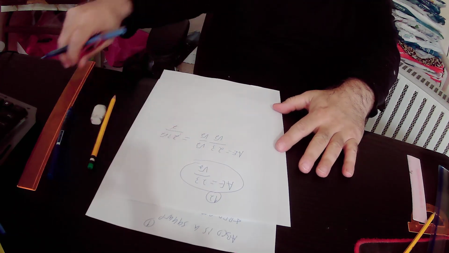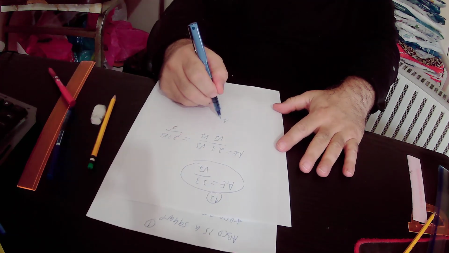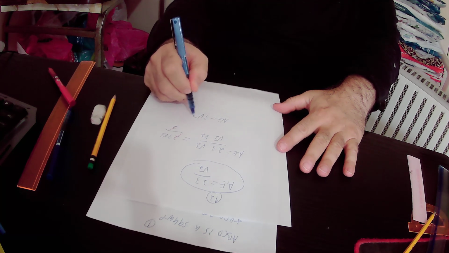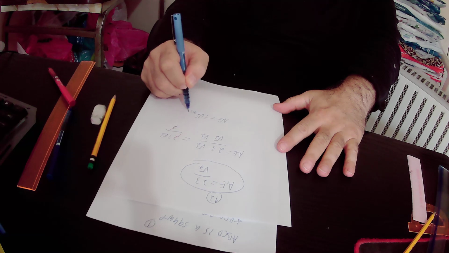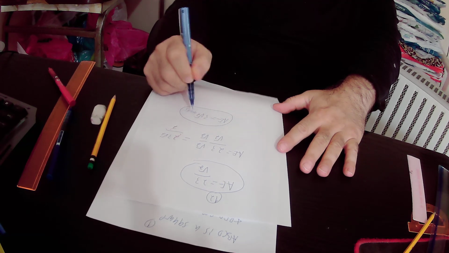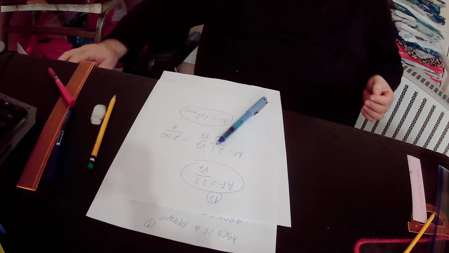And we got that AE equals 3 times root 2 units.